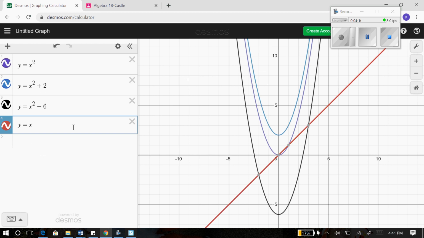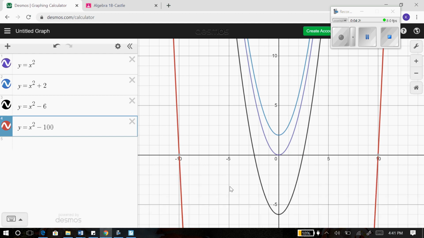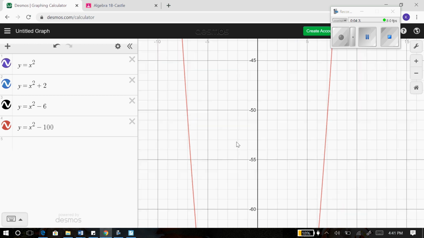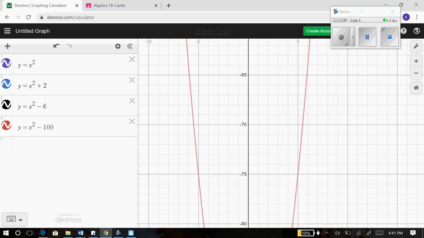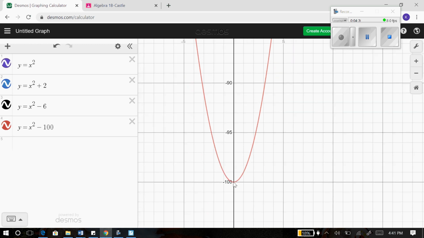Y equals x squared minus 100. Oh, okay, that's going to be hard to see. Luckily on here, you just scroll all the way down. All I'm doing is just scrolling, clicking and dragging it. Oh, there's a vertex, 0, negative 100.